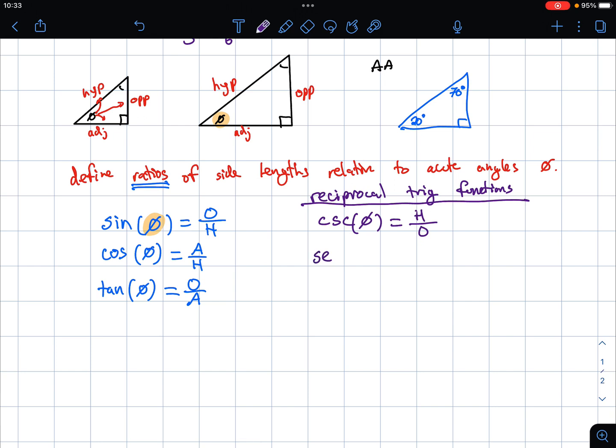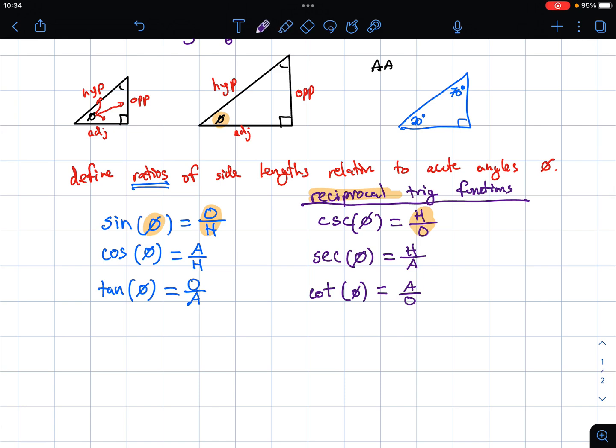There's a trig function called secant of theta, and it is the reciprocal of cosine. Its ratio is the hypotenuse to the adjacent. And finally, there is the cotangent function. Cotan of theta is equal to the ratio of the adjacent to the opposite. So you'll note that the ratios between each pair are just flipped, hence the word reciprocal trig functions.